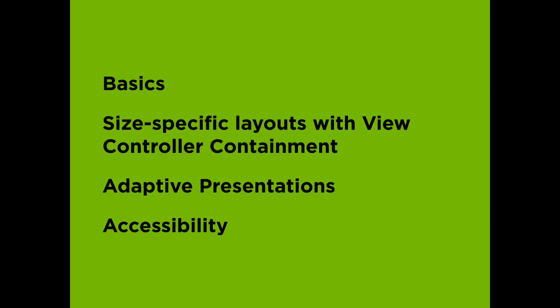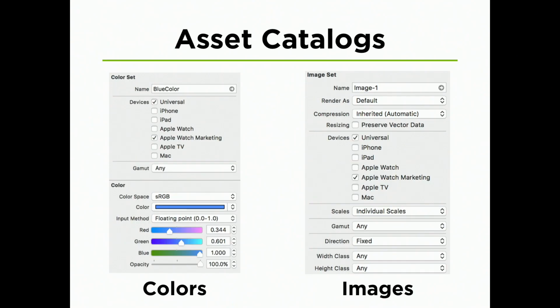And we looked at adaptive presentations, how to change our presentation controllers and animation controllers to have better presentations depending on size class. And then we looked at accessibility, mostly changing the font size, but really you can change any layout depending on the accessibility size. So a couple other things I wanted to go over really quickly.